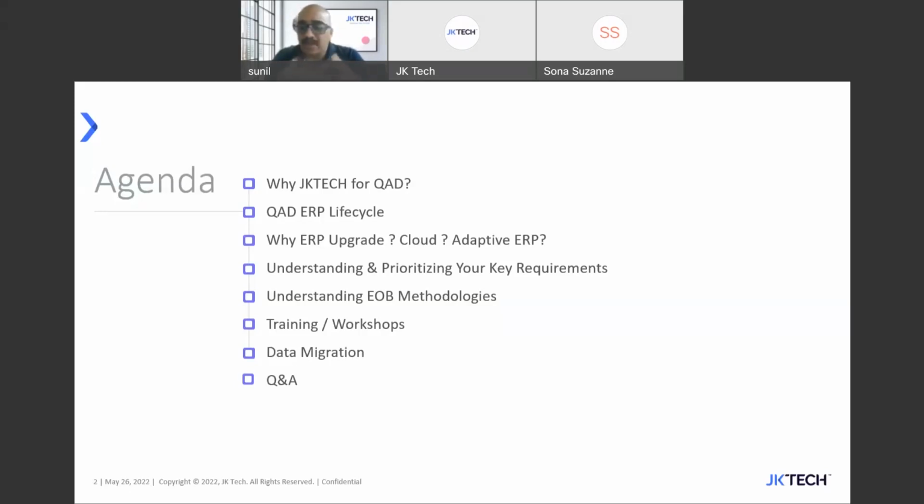So we thought we'd consolidate all of the thought processes together and provide a holistic view of how you can do an upgrade. Why do you actually need to have an upgrade? What is the ERP life cycle and the benefits of upgrades, the challenges that you have, and the effective methodologies that you can use so that you can have a rapid and cost-effective upgrade.